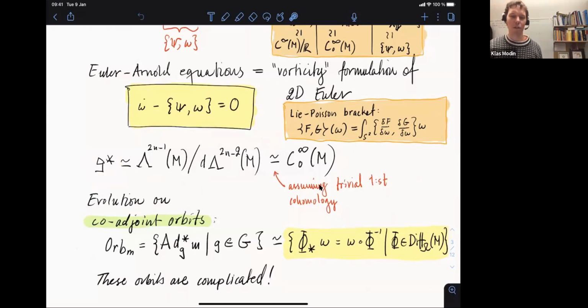In fact, just a little history. When Zeitlin did this, he did it on the two torus, because somehow it looked like it was simpler to do there, because then basically everything is based on the two-dimensional Fourier transform, which is very simple because you have this tensor product structure on the two torus.